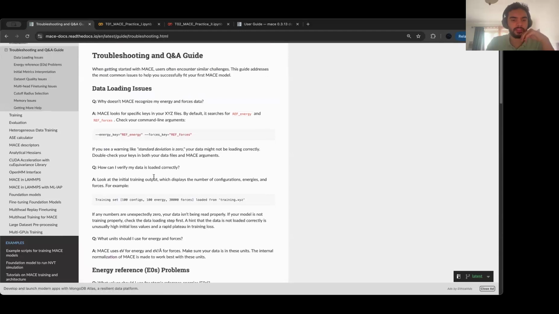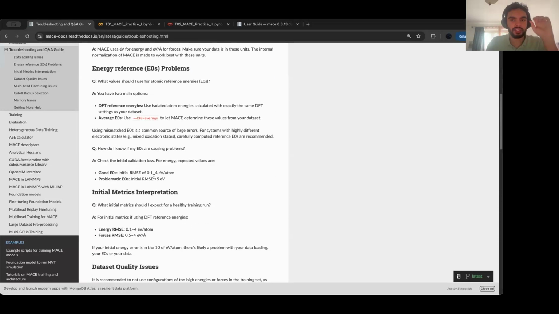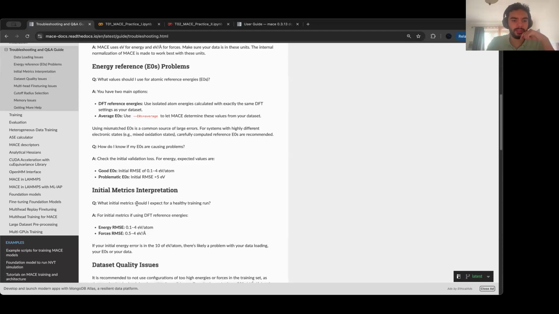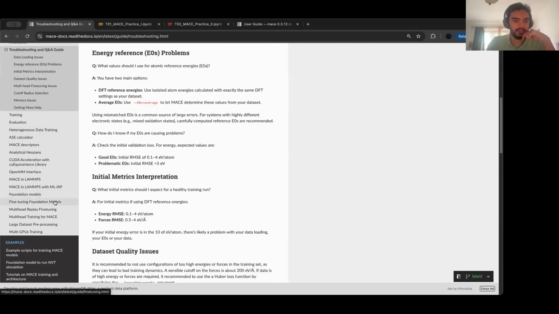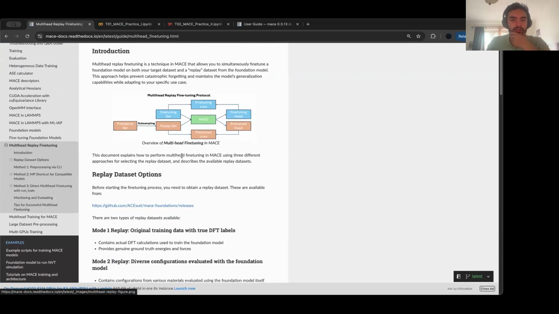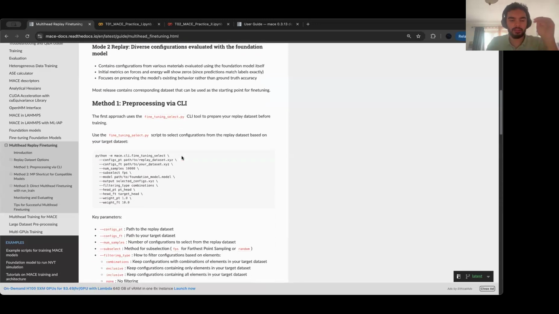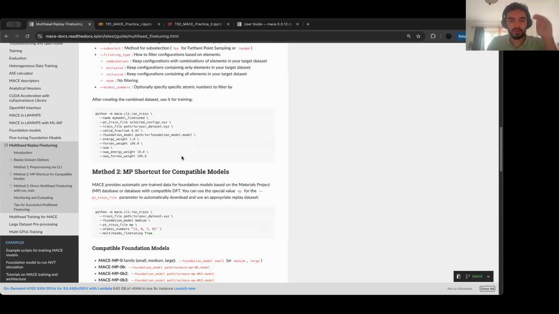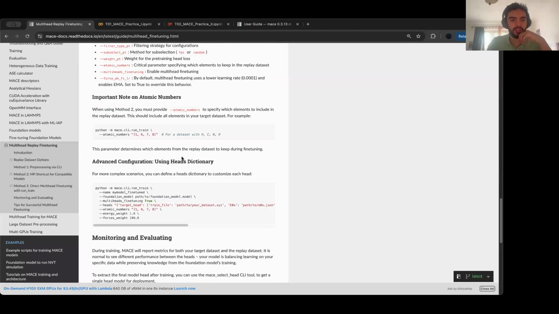If you see that some things are wrong, I've put here all of the standard mistakes that you can make as a beginner. And then if you go to the fine tuning here, I've done a bit of explanation on the fine tuning. And if you go to the multi-head, I'll also explain exactly how you need to do the replay and do the right fine tuning. So do read the documentation.